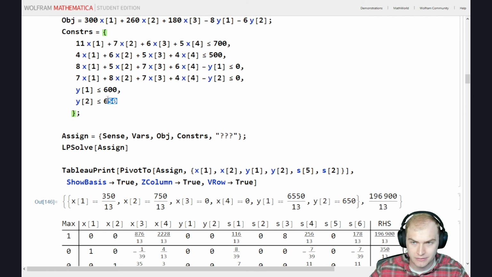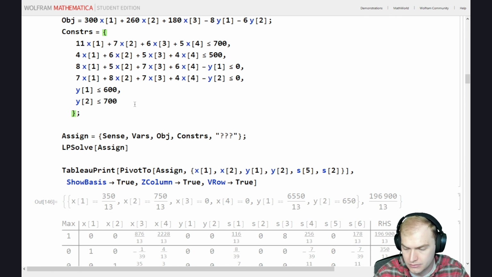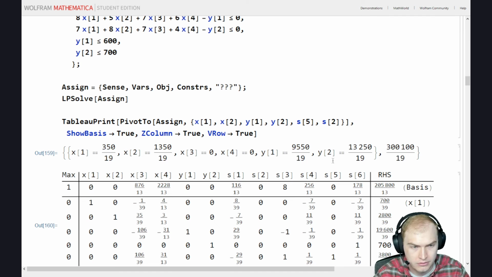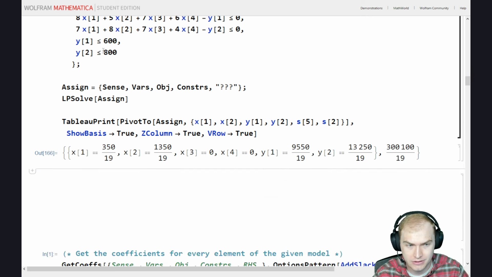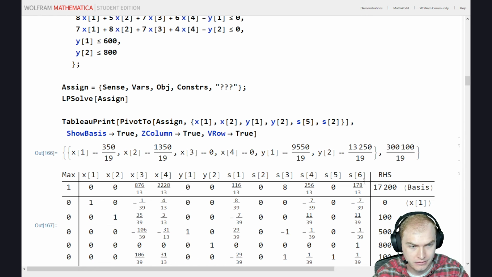So let me just try that real quick and see what happens. 700, yeah. So we've increased our profit by letting us hire more unskilled labor. What about 800? Yeah, I assume that's higher.